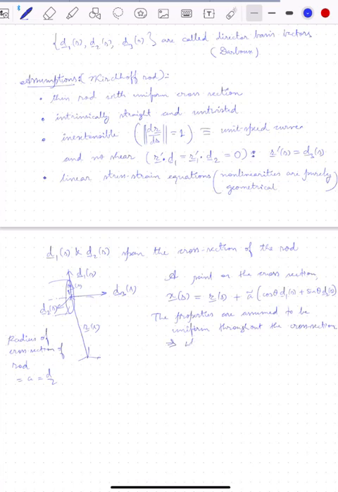This means that whatever the value of some property is at the center line is the same as that at any point on the cross section.